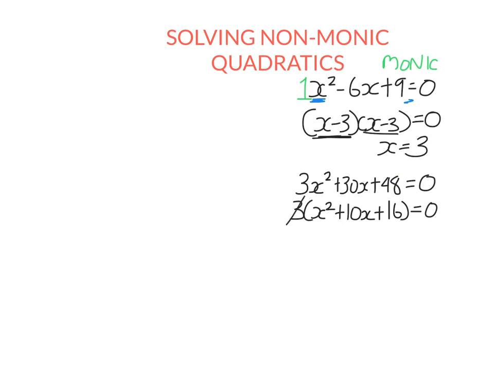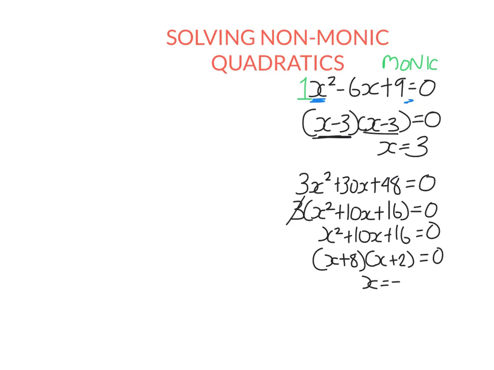So if I divide each side by 3, I just get a monic quadratic. And that's really easy to solve. I just find two numbers that multiply to 16 and add to 10. And of course, my solutions will be x equals minus 2 and minus 8. Because if x plus 8 is 0, x is minus 8. And if x plus 2 is 0, x is minus 2.